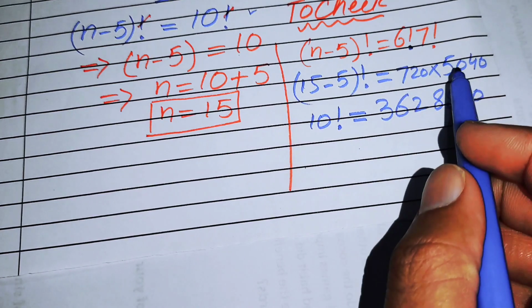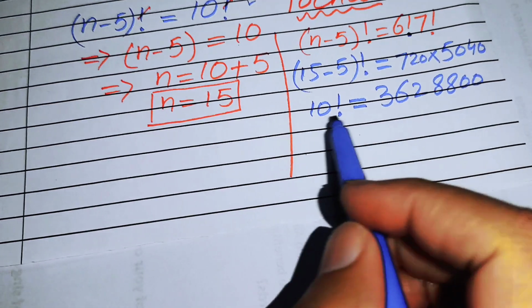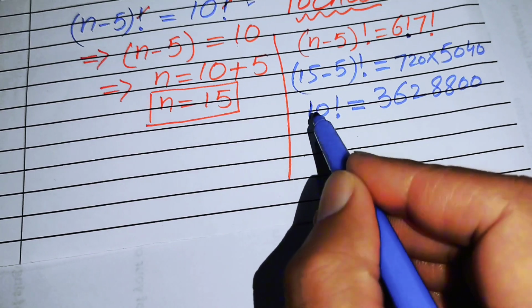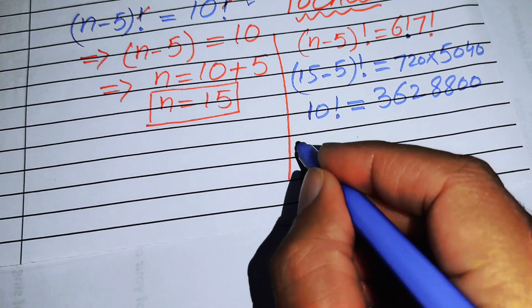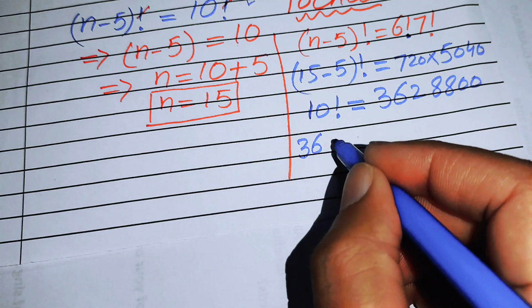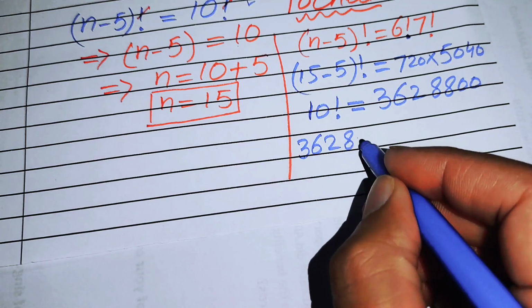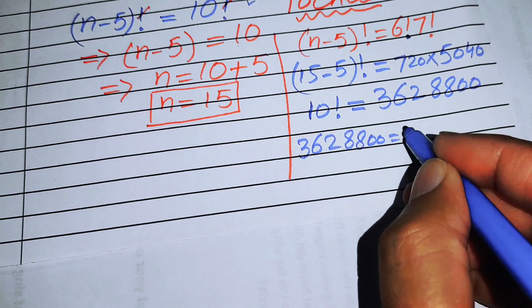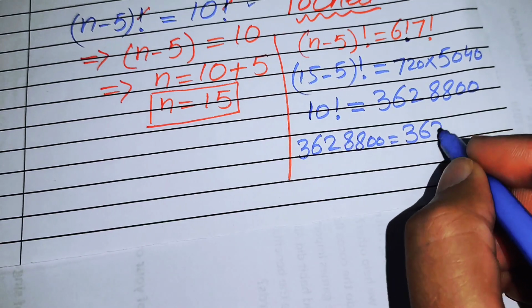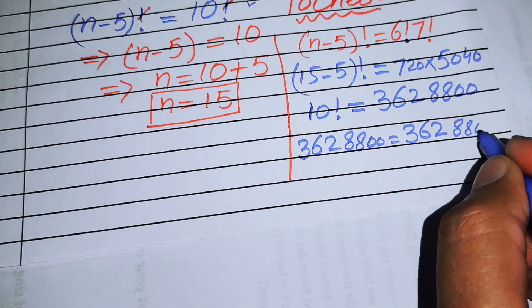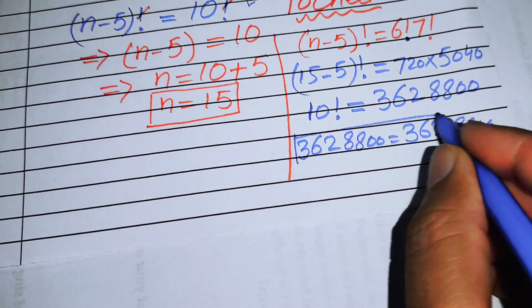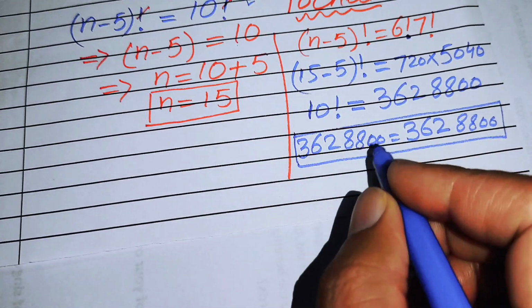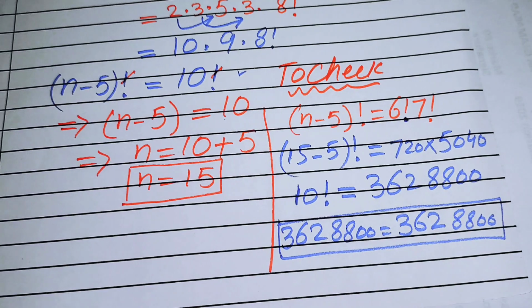When you multiply these two numbers, you get this form. Similarly, when you open the factorial of 10, you will get the same value, which is 3628800. So this shows that left hand side equals right hand side.